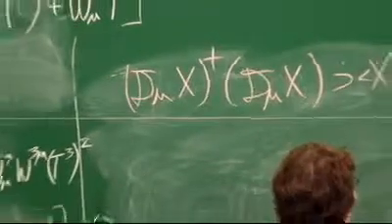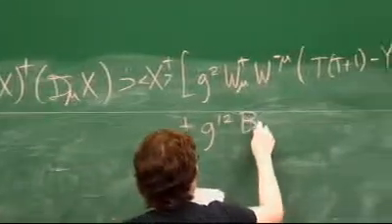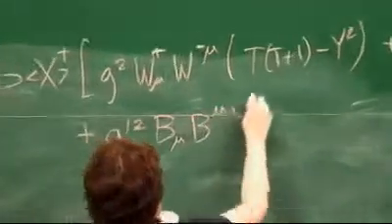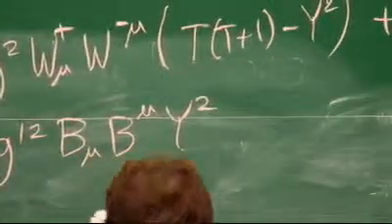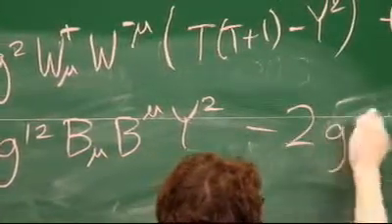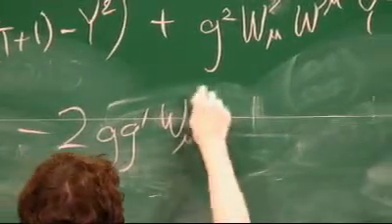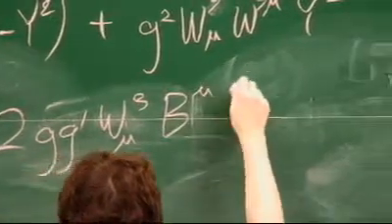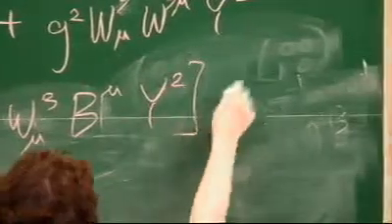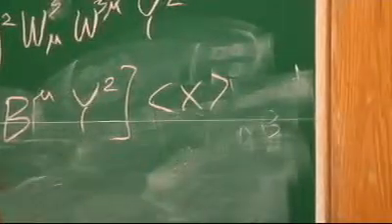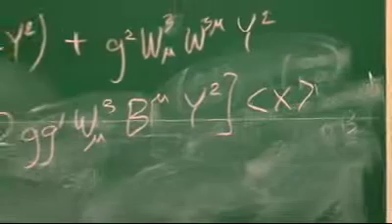Okay. Plus that, minus 2 g g prime times that, and then the expectation value of X. Okay. And these are just the V squared terms. So these are just the terms that are going to give us mass terms.